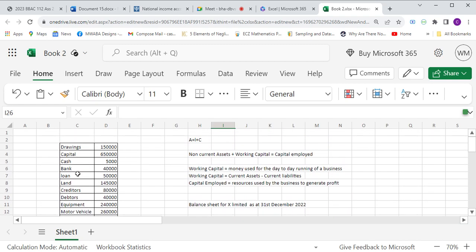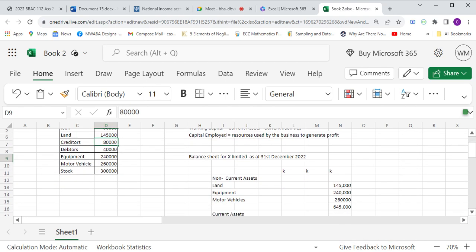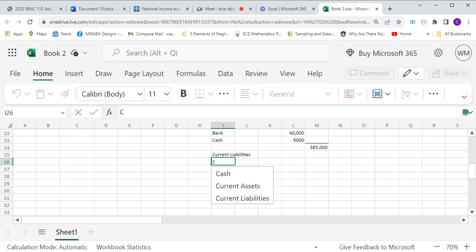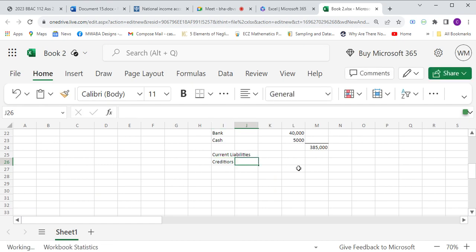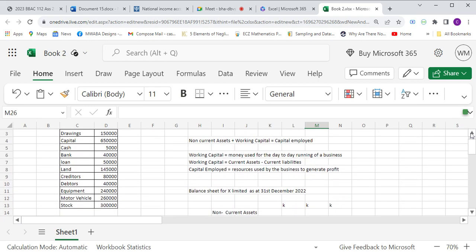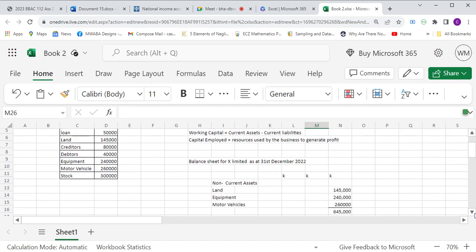Okay, we've got only creditors. So we can put this here in the second column since that's the only one. So we say creditors. How much? 80,000. We're owing 80,000.